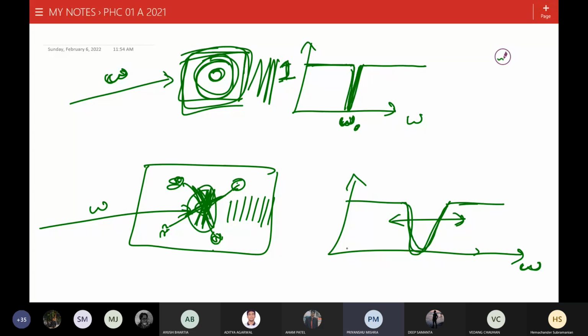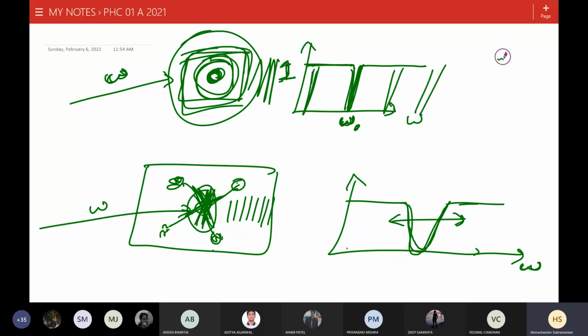So will there be any peak in the second graph? Like in the first graph, we are having a peak. For the second graph also, will there be any peak of omega? Yes, there will be peaks if you look at the core electrons. There are valence electrons, and if you take the core electrons, even here you will see a lot of sharp peaks. Not one, many peaks depending upon all the electrons.